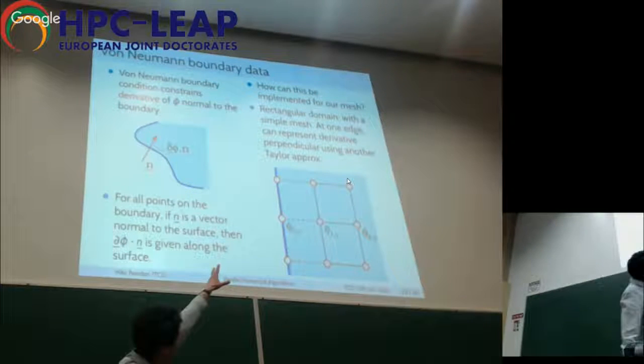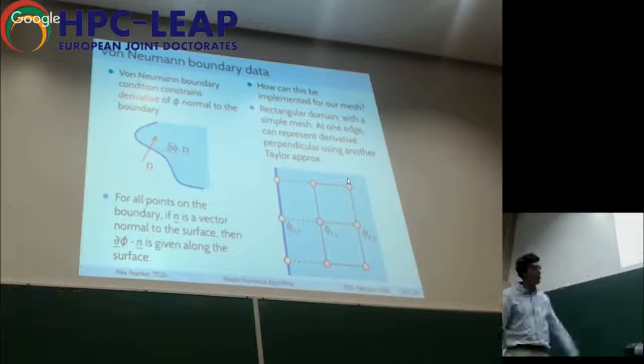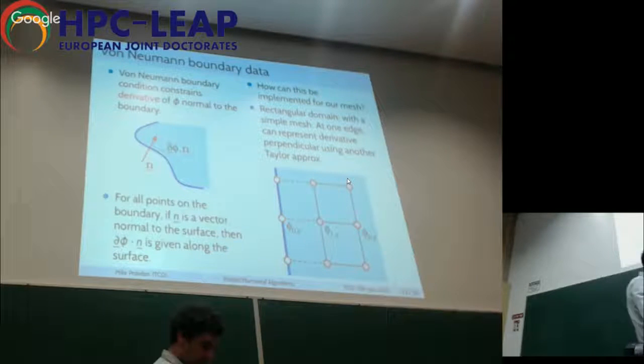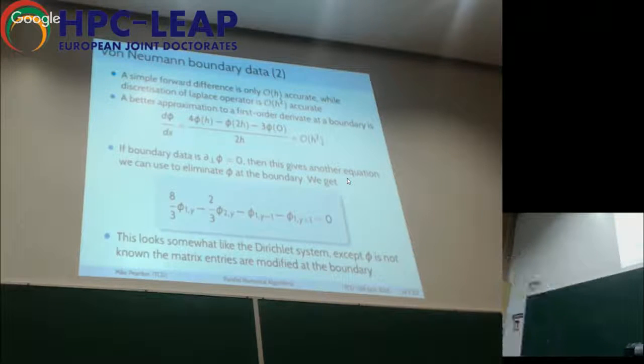So now, of course, what we need to do is figure out very quickly what the coefficients of our linear system look like at those boundary points. And the temptation is to use the easiest possible representation of the derivative that we can write down.